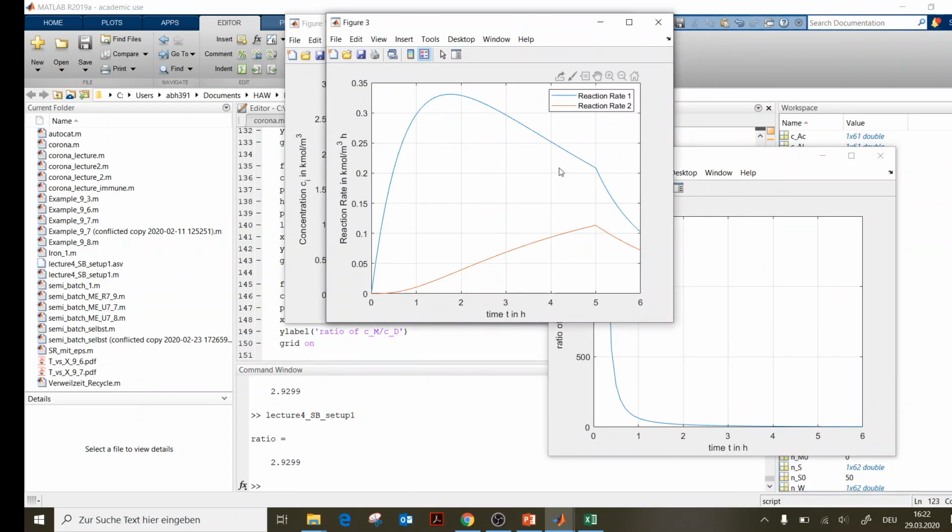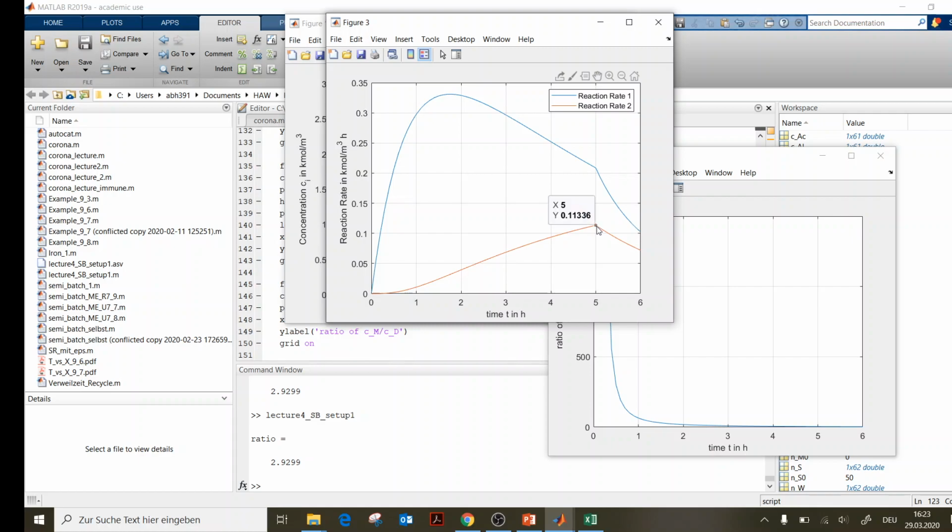Okay, what you can see here is that your reaction rate is quite high for reaction 1. So this is the production of the monoester, and in the beginning the second reaction is quite slow.